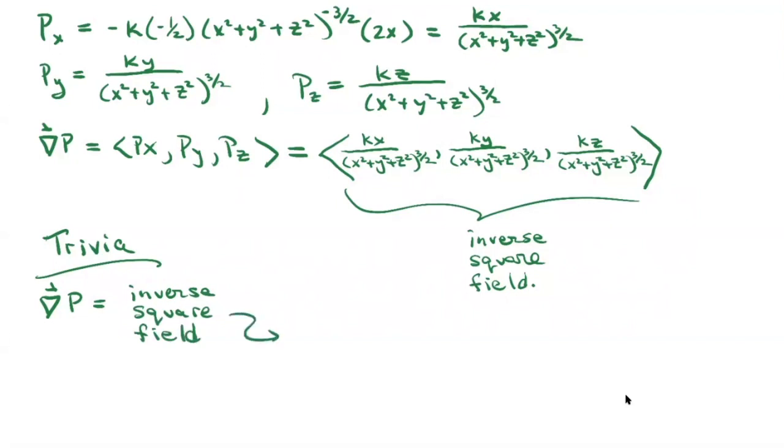And if a vector field has a function whose gradient is the field, then the function is called a potential function.